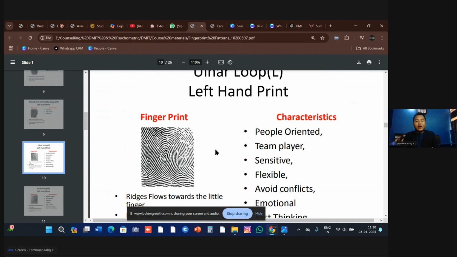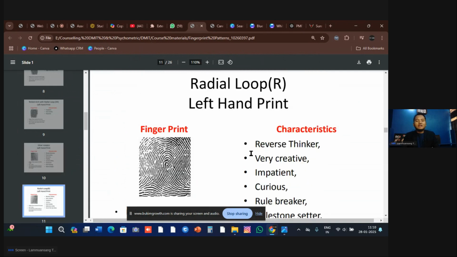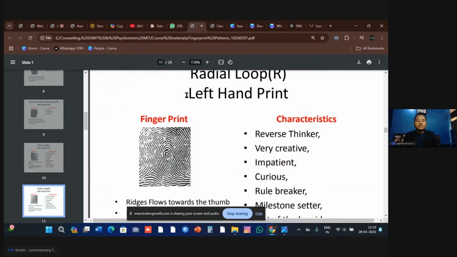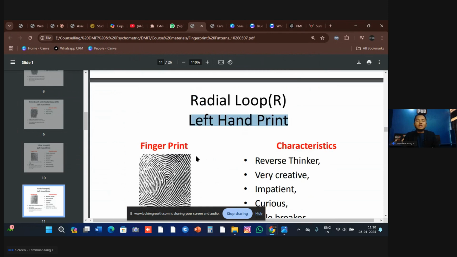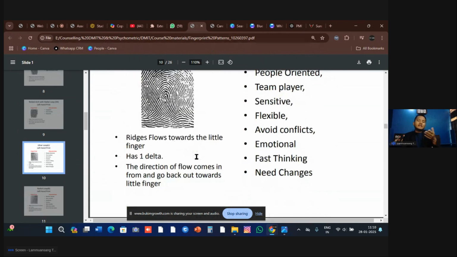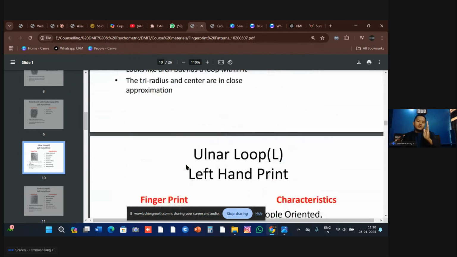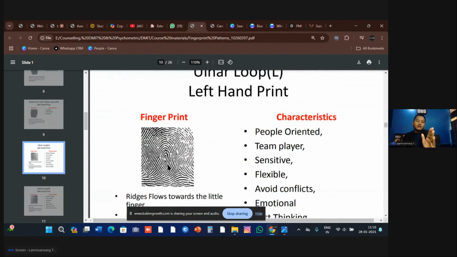It means R. But if you see this kind of pattern on the right hand, what does it mean? It means L. No need to be confused. If the fingerprint is not the same as this, just make it R, if it is the right hand.